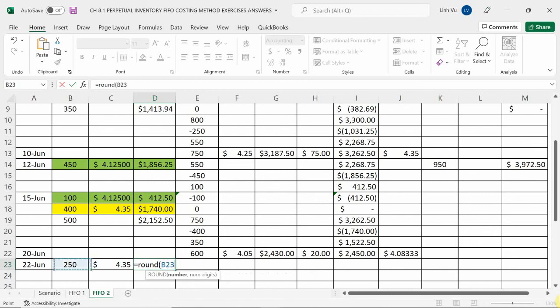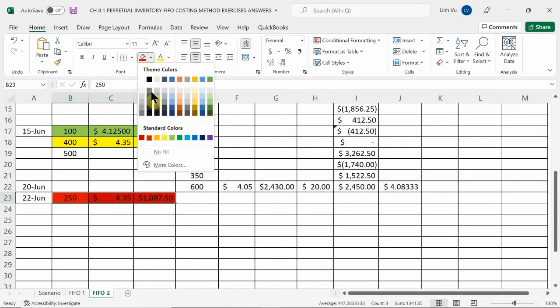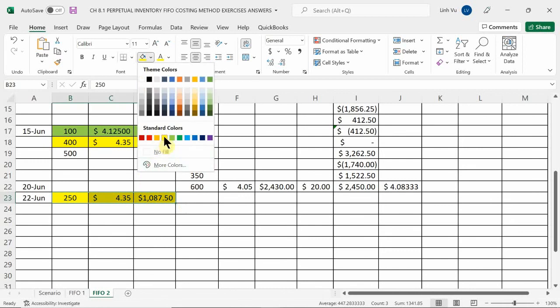If I sold 250 units at $4.35, $1,087.50. So in this case, this is my yellow. Not orange, sorry. I want yellow.